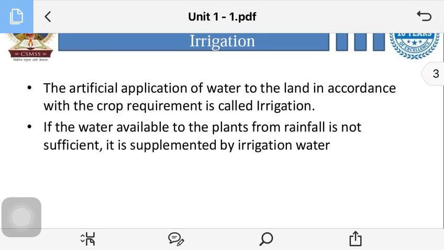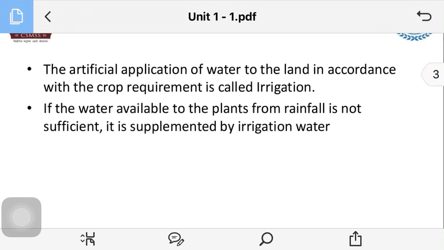If the water available to the plants from rainfall is not sufficient, it is supplemented by irrigation water. For irrigation we follow a sequence: first we have to store the water, then supplying is the second stage, and third is using the water.